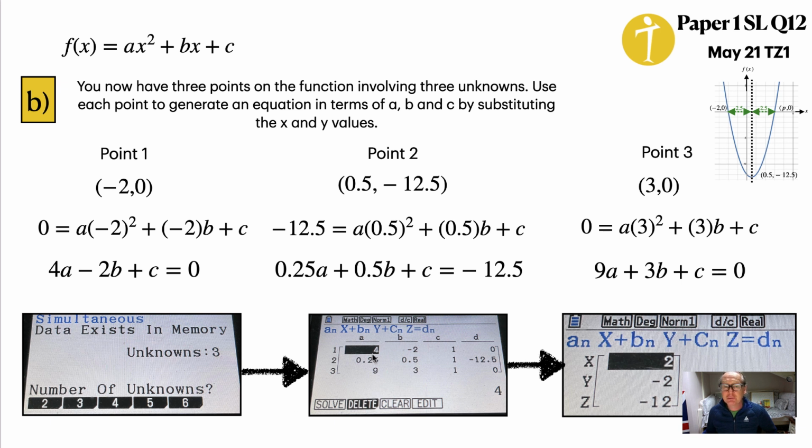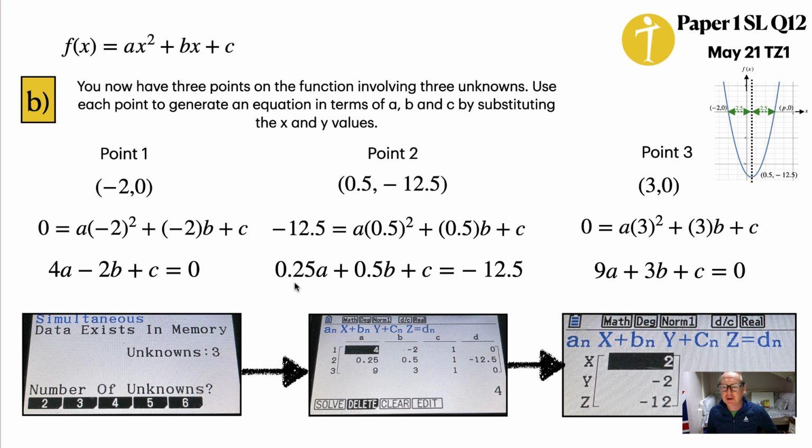And then you enter them like this, because I've got 4a minus 2b plus c equals 0. Well, I put in the first row 4, minus 2, 1 because there was 1c there, and then 0 as the answer. And you can see now why I rearranged my equation to look like this.